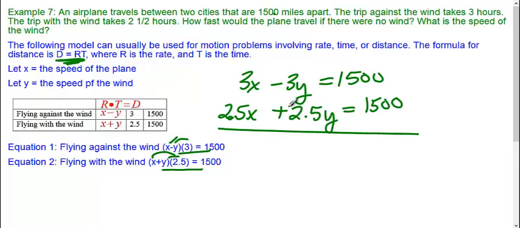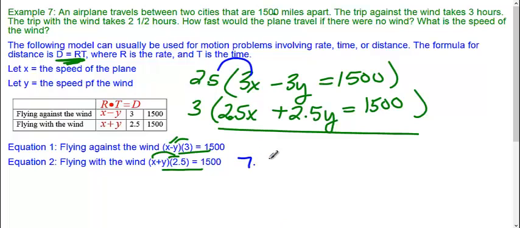What I'm going to do is try to get these to be the same, so I'm going to multiply them so they get 7.5, positive and negative. On top, I'm going to multiply this whole thing by 2.5. On bottom, I'm going to multiply this whole thing by 3. So 2.5 times 3, I get 7.5x. 2.5 times negative 3, I get negative 7.5y.